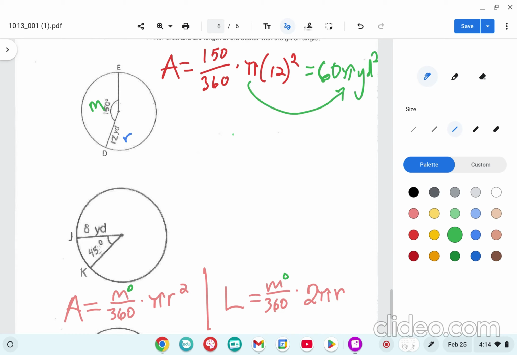For the arc length, again, I'm doing m divided by 360, which is the same as the previous one. 150 divided by 360 times 2 times pi times r, which is 12. Again, I'm only going to calculate the number part. I'm going to do 150 divided by 360 times 2 times 12.